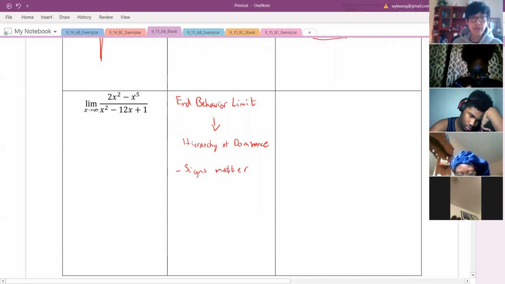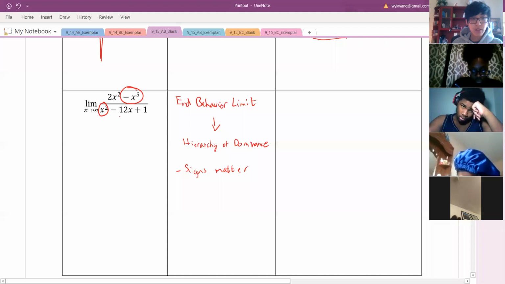So this negative right in front of x to the fifth matters because that's part of the x to the fifth term. In the denominator, it's pretty easy to tell, x squared is the dominant term. So we're going to circle x squared. This negative is part of the 12x term, right? So I'm not going to circle this negative. If the negative was over here, then I would circle it, just to make that clear.